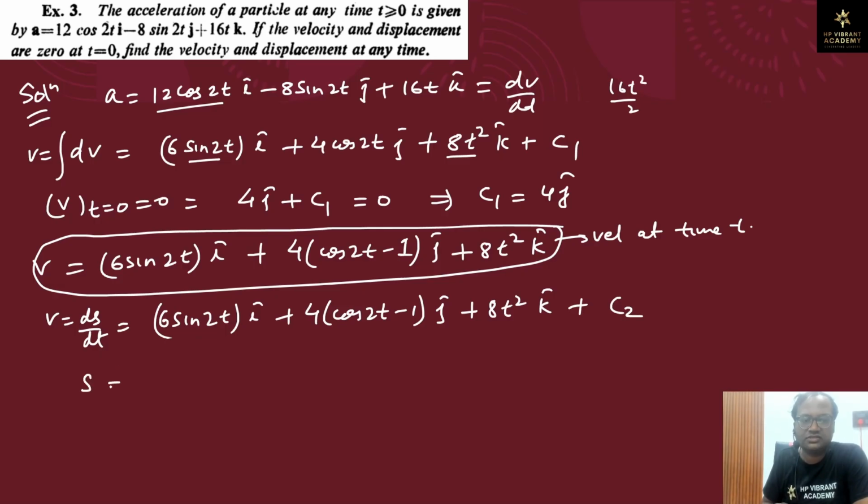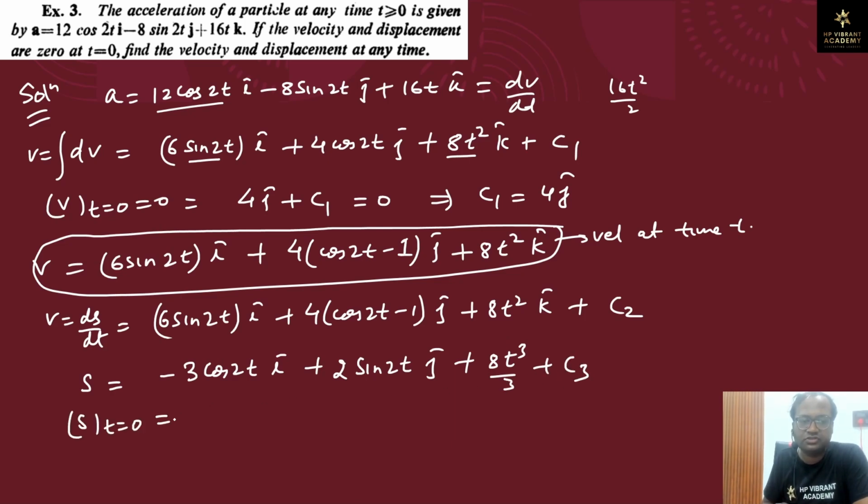So we have s = minus 3 cos 2t i cap, plus 2 sin 2t j cap, plus 8t cubed upon 3 k cap, plus c3. Sorry, c2. Okay, now displacement at t = 0 is equal to 0. So let us put 0 in this: minus 3 i cap.